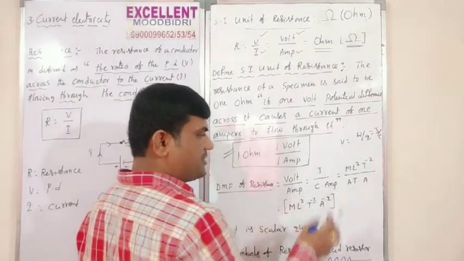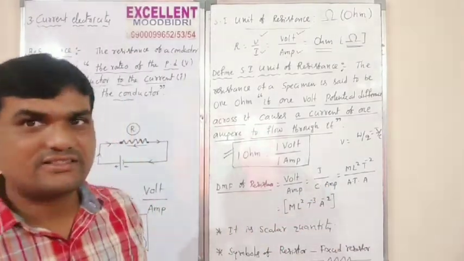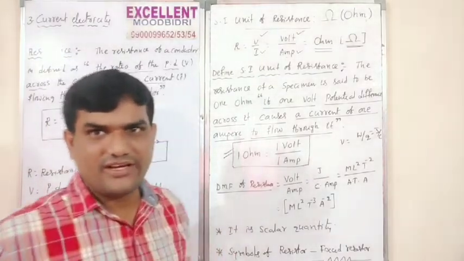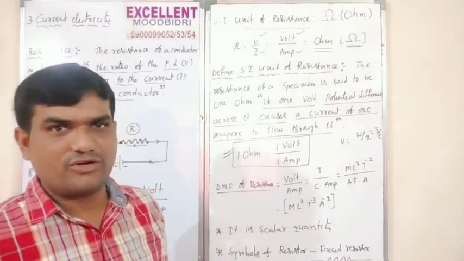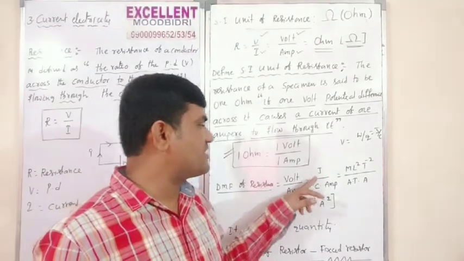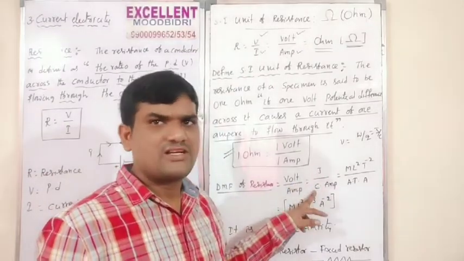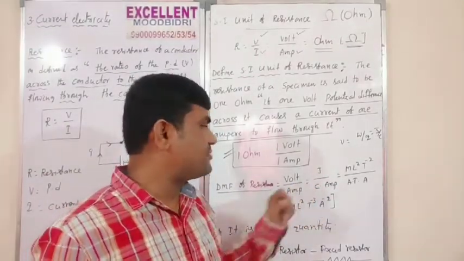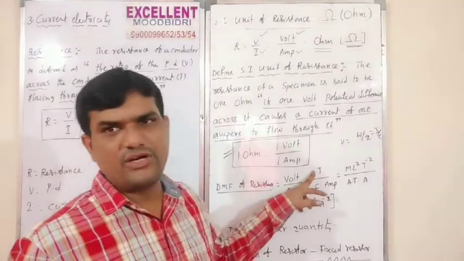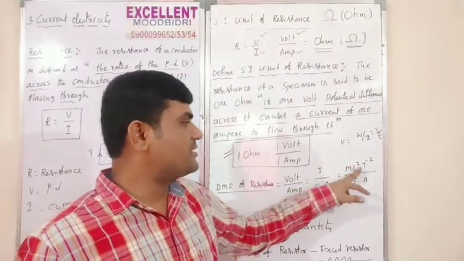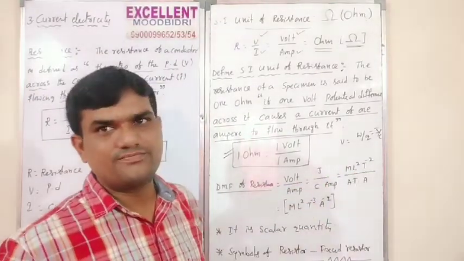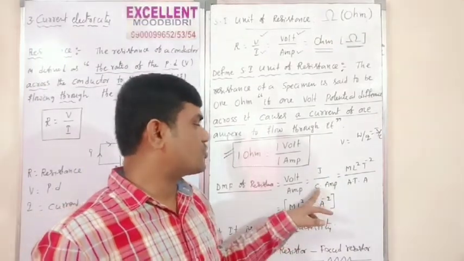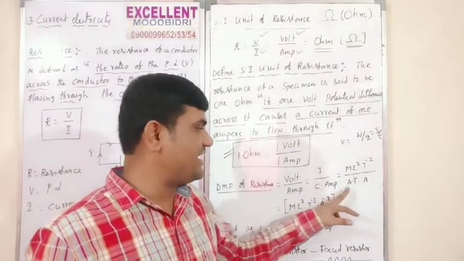Directly volt we can't write, right? Dimension form we want to write in the MLT form only. So that is why volt we convert to joule by coulomb, and ampere only. Joule dimension formula is M L square T power minus 2. Coulomb dimension formula is AT.